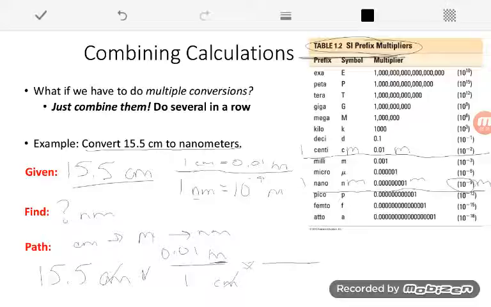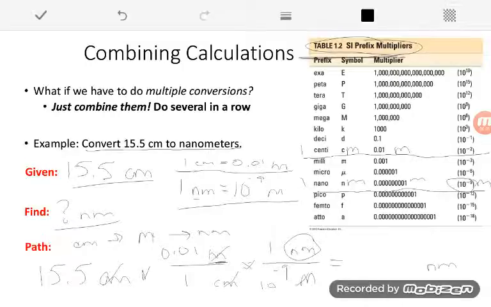This time I had meters on top, so now they have to go on the bottom. And I look up here and say, I can relate meters to my nanometers. 1 nanometer is equal to 10 to the negative 9 meters. So now my meters will cancel and I'll be left with nanometers, which is what I was looking for. So now I know I'm done.